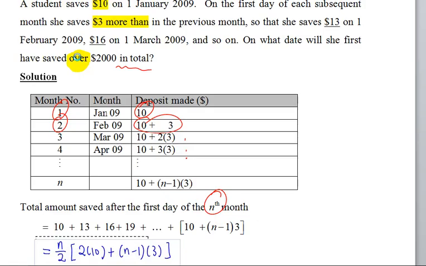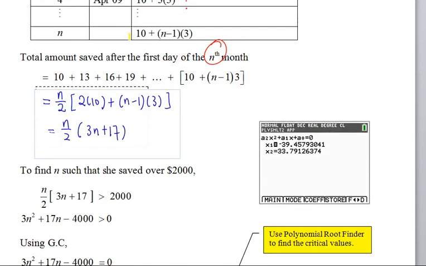You want to say over 2,000. So when you say that you want over 2,000, you cannot put equal to 2,000. The next step you ask to solve an inequality. Follow what I'm saying? Must have inequality. Here, I want to emphasize this inequality. You want to save over 2,000.